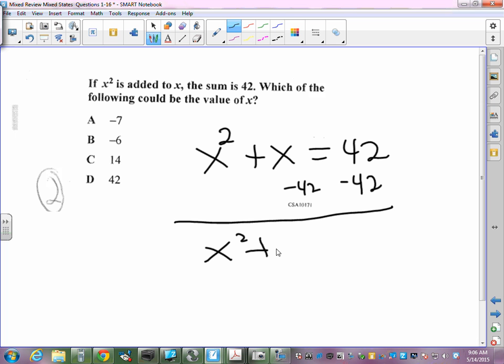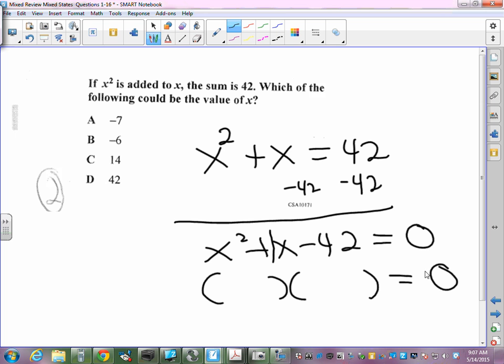And the best way to solve any quadratic equation, if you can, is by factoring. That's the quickest way. So we would have to think what multiplies to give us negative 42, adds to give us positive 1. Think of your times tables. It'd be positive 7, negative 6, because that multiplies to give you negative 42, adds to give you positive 1.